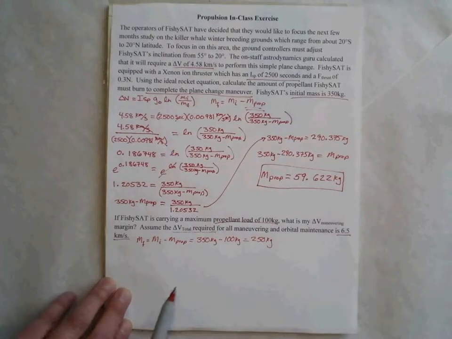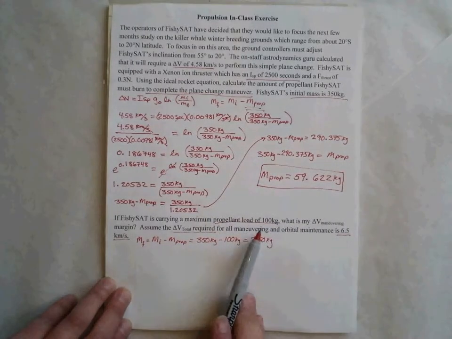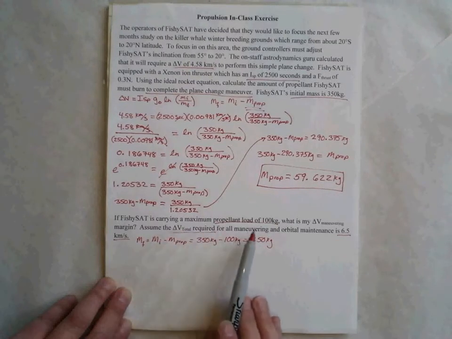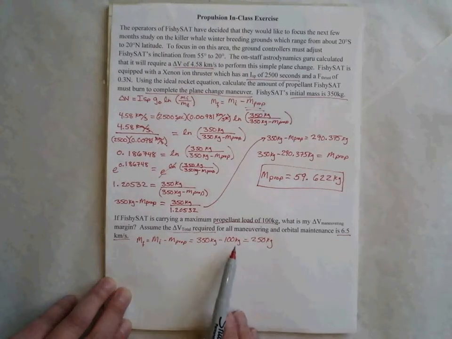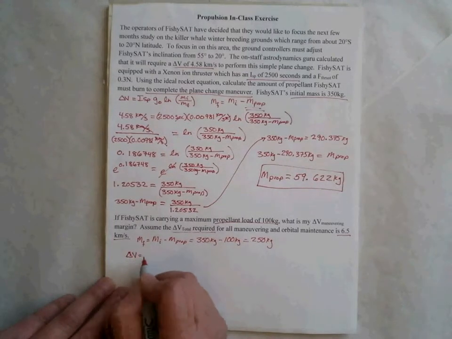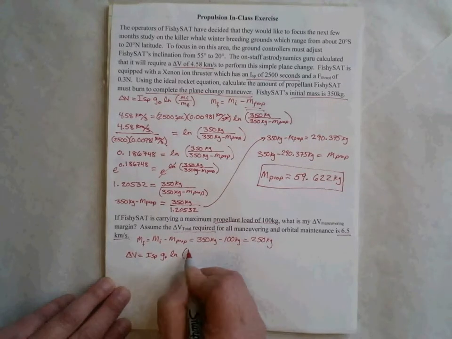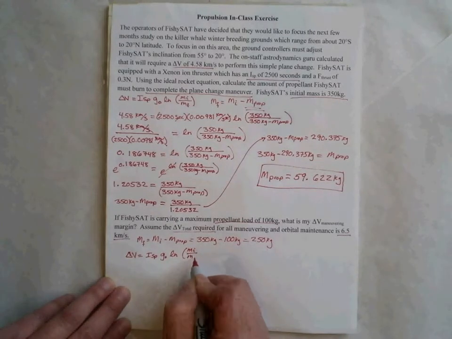We had an initial of 350. Our mass of the propellant, the maximum used, is 100. 350 minus 100 is 250 kilograms. So again, using the ideal rocket equation, delta V equals ISP, gravity, natural log of our initial over our final.